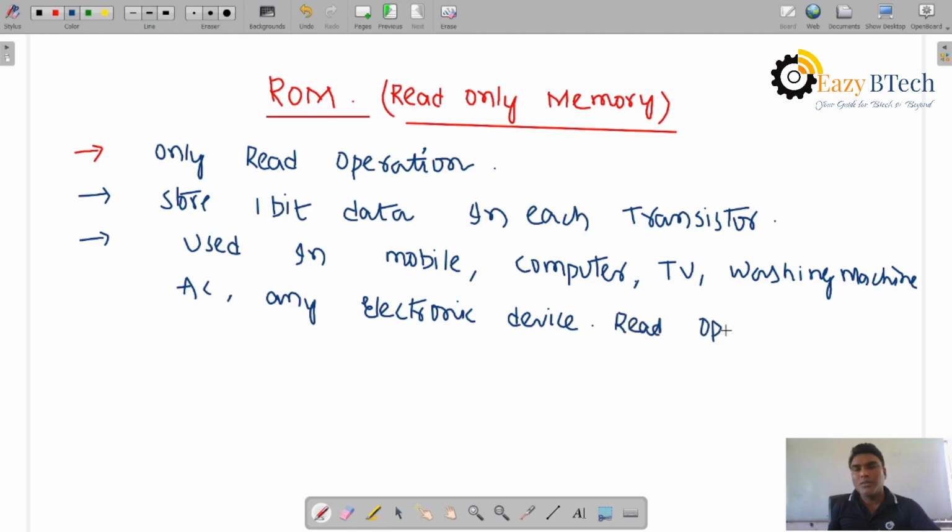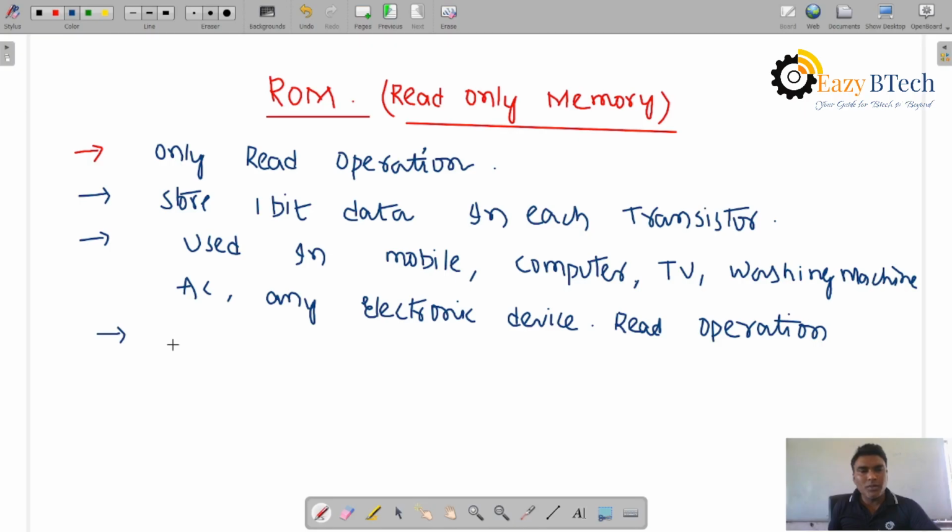If you want to write the data, we can use electrically erasable read-only memory, that is EPROM, electrically programmable read-only memory. Only the read operation is performed in read-only memory.